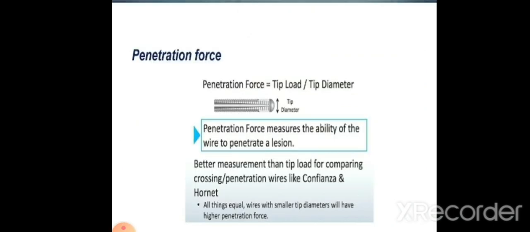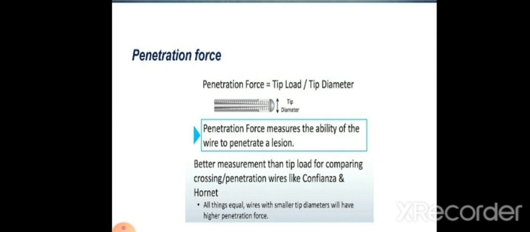The second definition that we should know is the penetration force. The penetration force is actually an equation with two components: the tip load over the guide wire tip diameter. As we know, the penetration force measures the ability of the wire to penetrate a lesion, and it is a better measurement than tip load for comparing crossing or penetration wires like Confianza and Hornet.